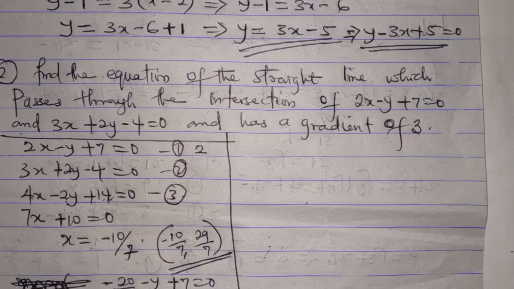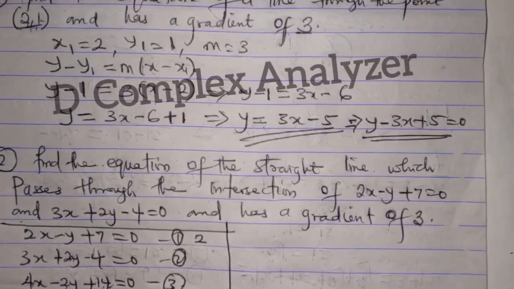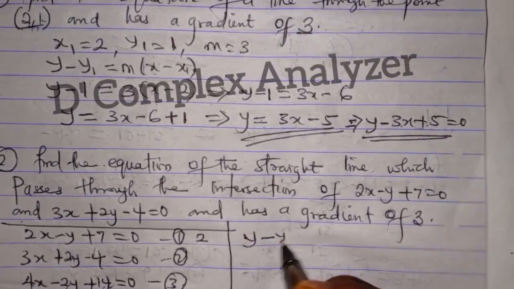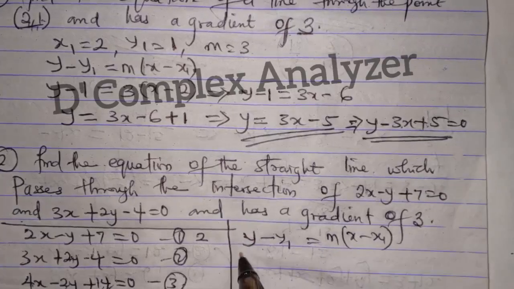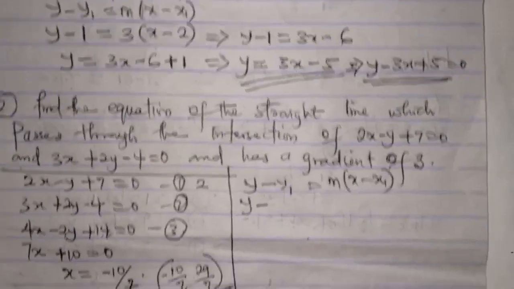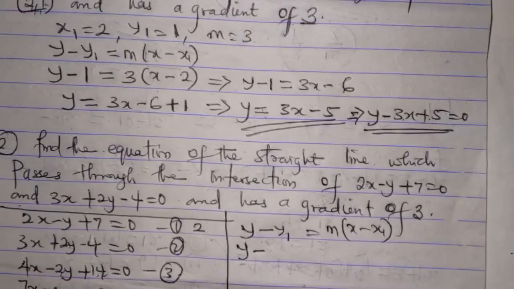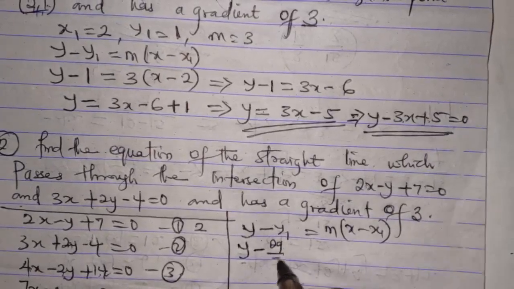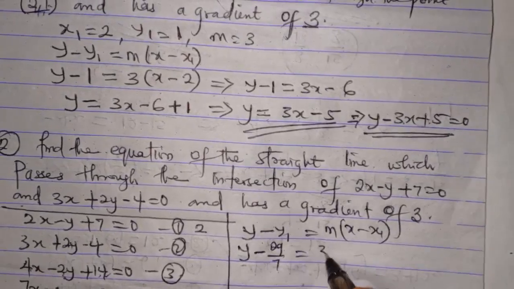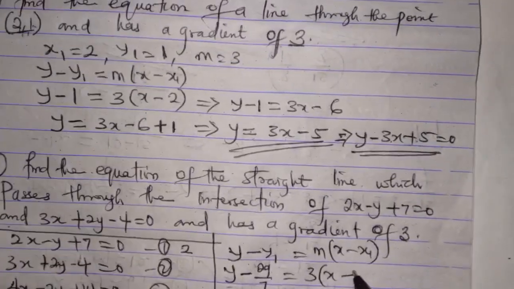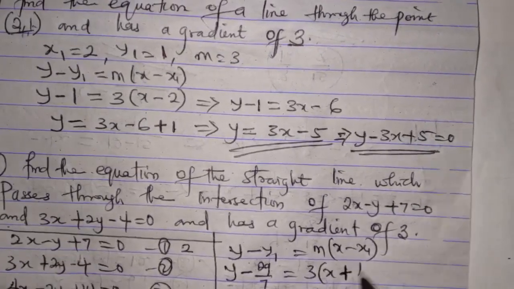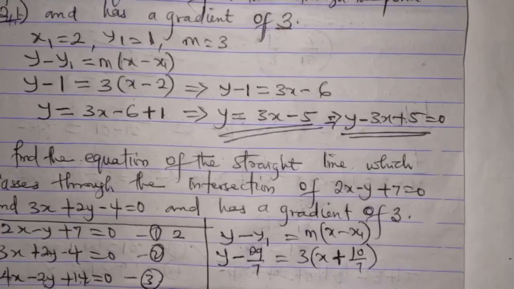So using the gradient and 1 point form, we are going to say y minus y1 equals to m into x minus x1. So y1 is 29 over 7, m is 3, x1 is minus 10 over 7. So actually have a plus here, 10 over 7.